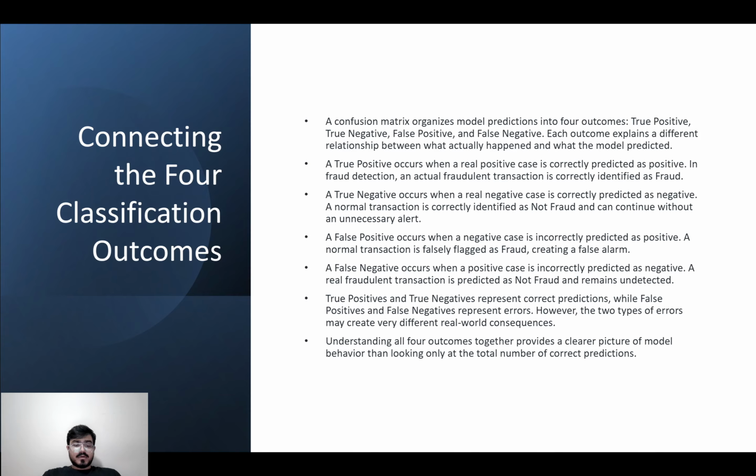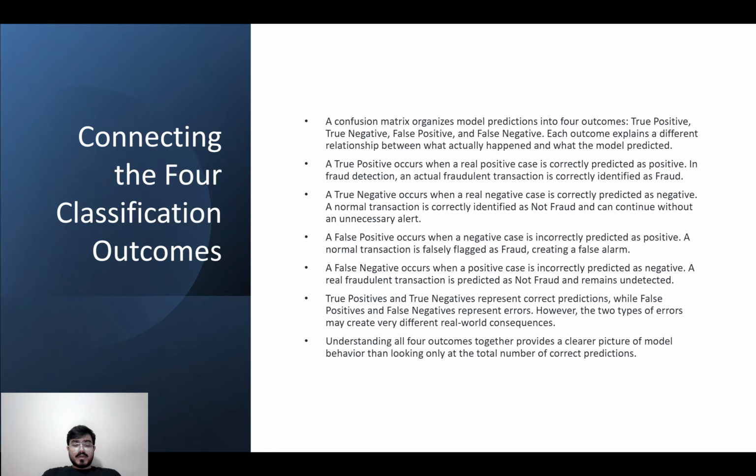Together, these four outcomes give us a complete picture of the model performance instead of simply knowing how many predictions were correct. We now understand what kind of predictions were correct and what kind of mistakes the model made. This information is much more useful than accuracy alone because different mistakes can have different consequences.